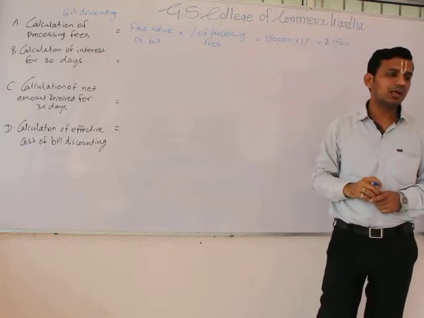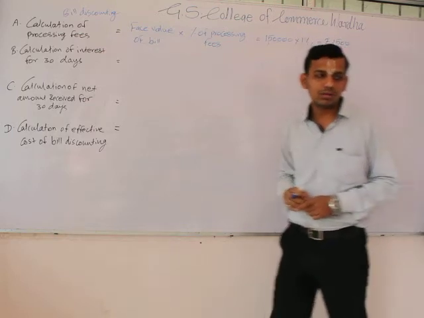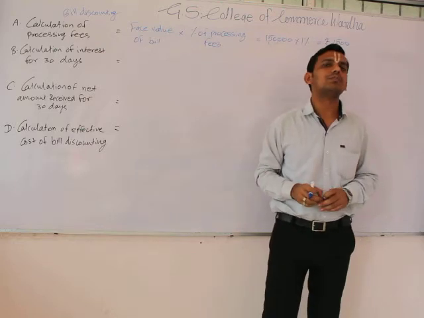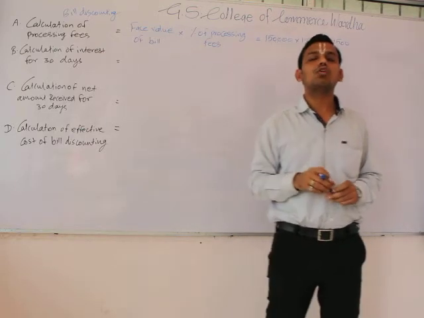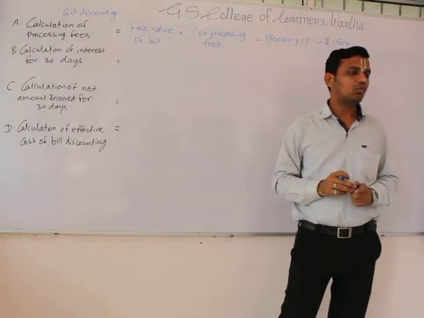Second thing we have to calculate is the amount of interest. For that calculation of interest, we have been given a bill which was drawn for 30 days. So interest calculation would be limited to 30 days only.